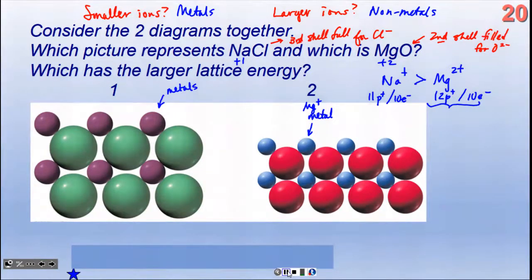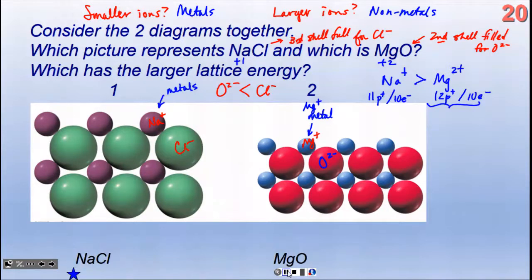So the oxide ion compared to the chloride ion, the larger one is chloride. So chloride better be this one, and sodium with it. And oops, put charges on those, that makes more sense. And if this is the magnesium cation here, the corresponding other ion here would be the oxide ion.